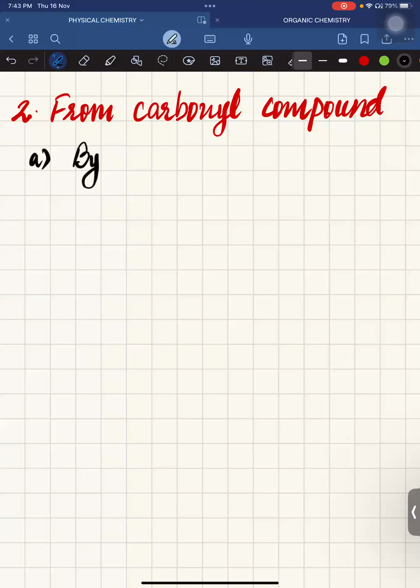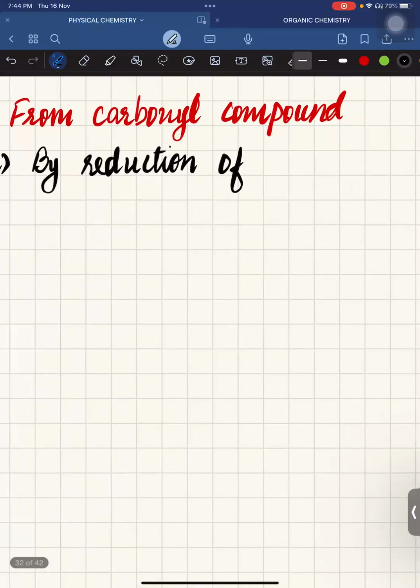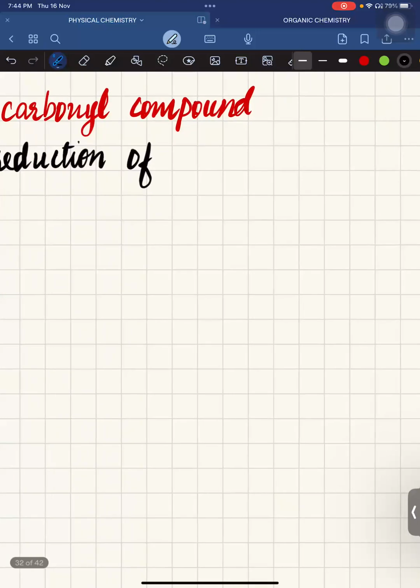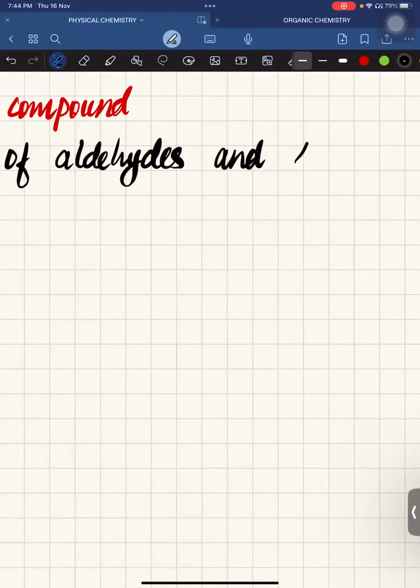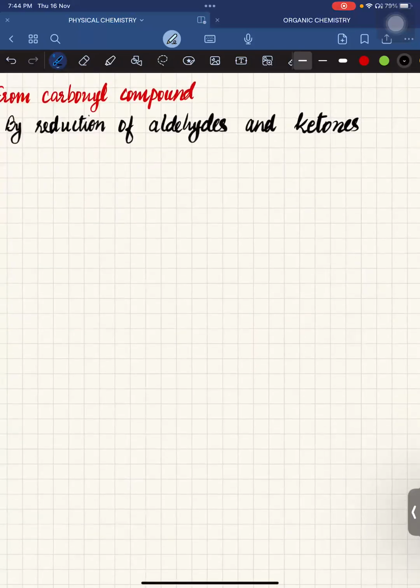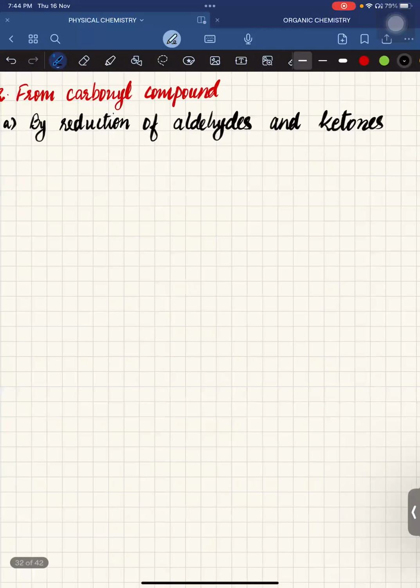reduction of aldehydes and ketones. So can anyone tell me, if you are going to reduce aldehyde, what type of alcohol you will get?